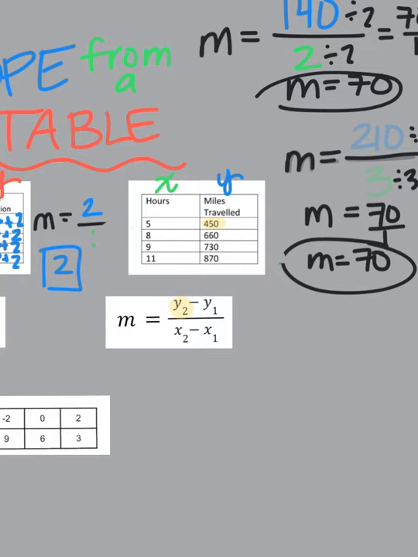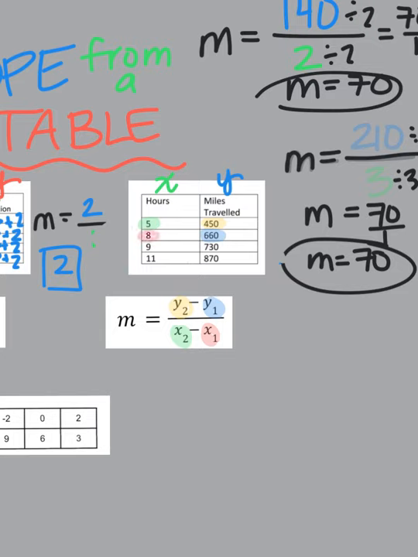And for y1, let's make it this one. And for our x's, x2 has to go with the one that I made y2 because it's the same point. So that's this one. And that leaves this last value right here.